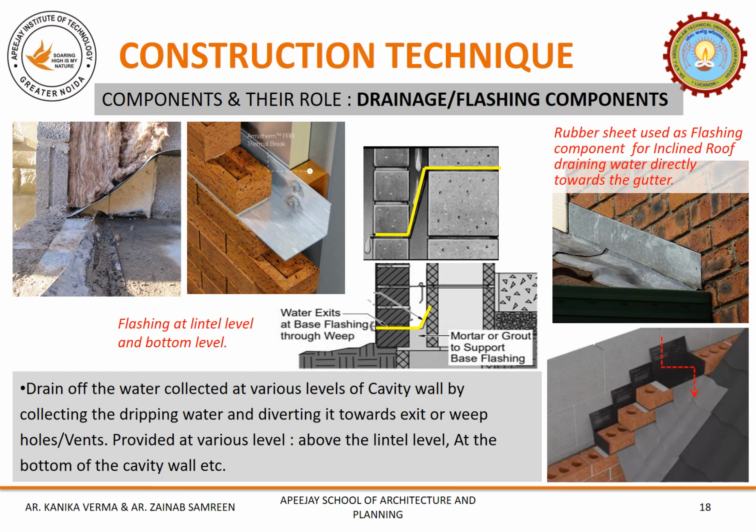The exit also should be carefully placed, as one can see in the photograph of this inclined roof on the rightmost corner. The rubberized sheet used as flashing component has been carefully securing the eave and dropping the water collected and coming from above the cavity wall, which has been directly moved towards the gutter of the inclined roof.